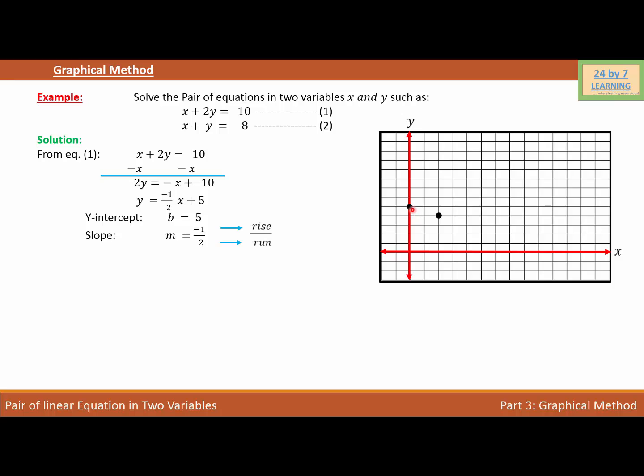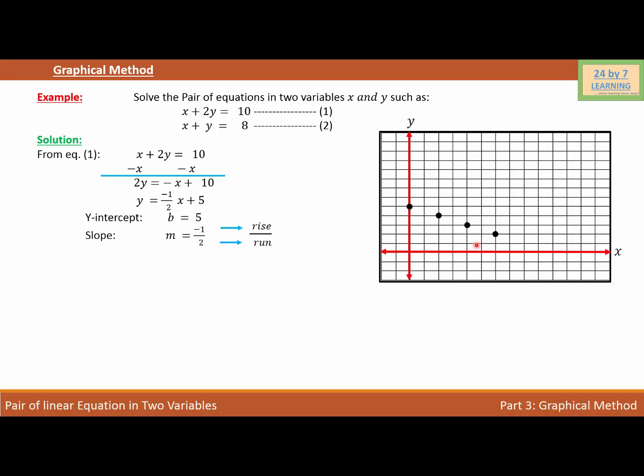In the same way, we can find more points by going down 1 because rise is negative, and then right 2 because run is positive. So these are my points using the y-intercept and the slope.